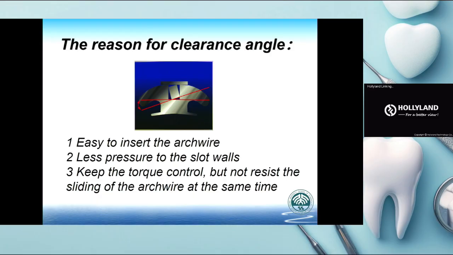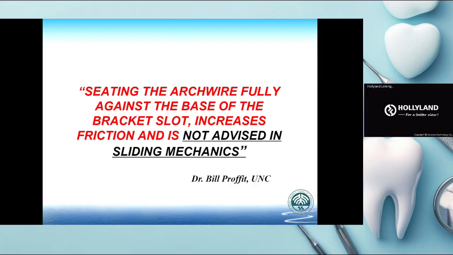The better way is you have some torque clearance, and you also have enough torque expression, and you also have less friction to let the teeth slide. How? Proffit says, sitting the arch wire fully against the base of the bracket slots increases friction and is not advised in sliding mechanics.